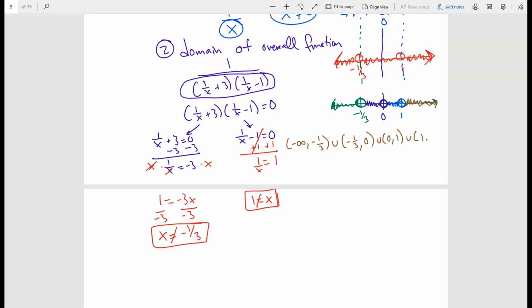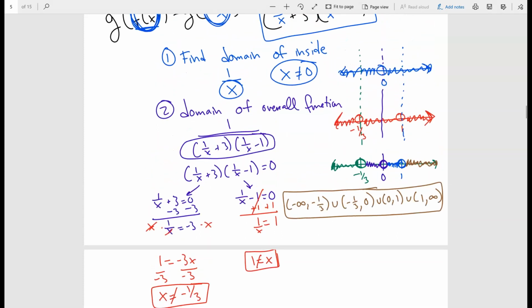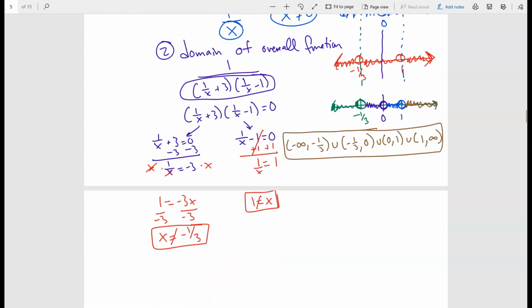Union 1 to infinity, not included. So all of this mess is my domain. Okay. So a lot of things are involved, and notice that a lot of things are just building. So you need to be very comfortable with finding the domain of a function, okay? And it's all just practice.